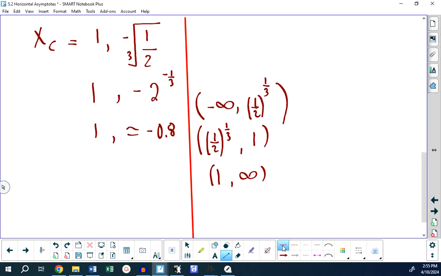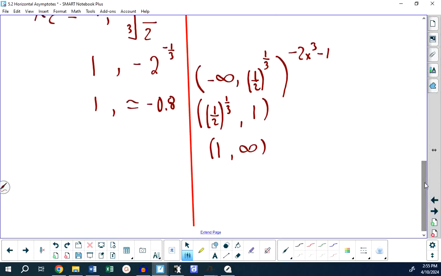Across the top, we are going to have negative 2x cubed minus 1. We are going to have x cubed minus 1 squared. And honestly, I would not take any chances with that negative 2x cubed minus 1.